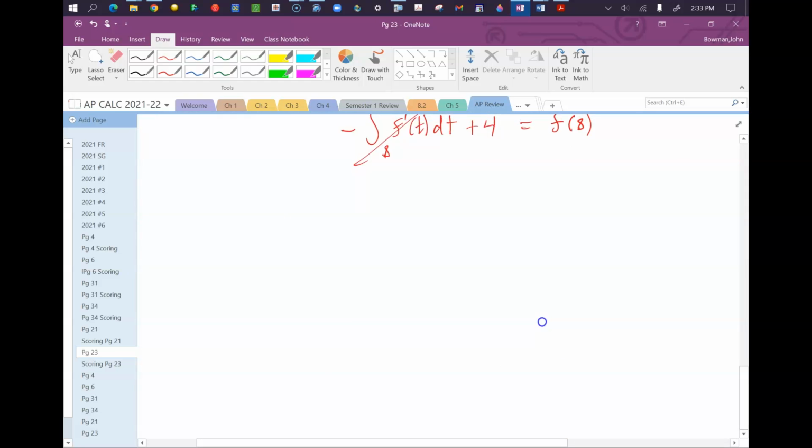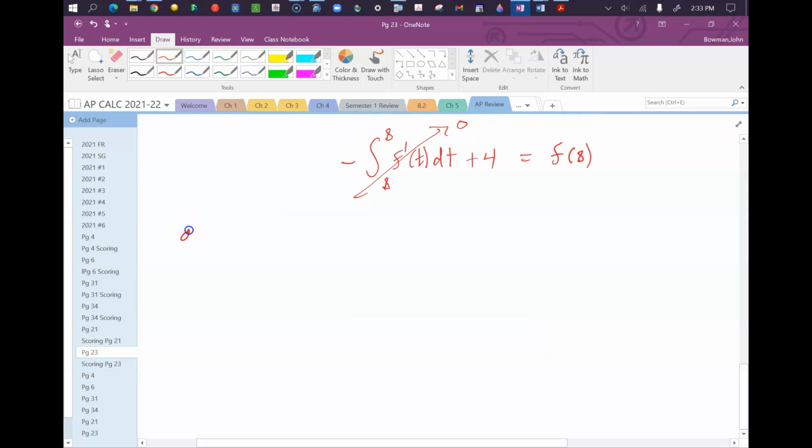So g of x, I'm going to rewrite that here, g of x is equal to f of x to the third power. So g prime of x is equal to 3 times f of x to the second times f prime of x.